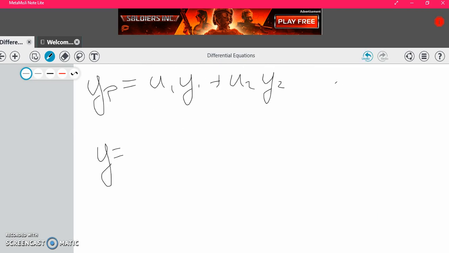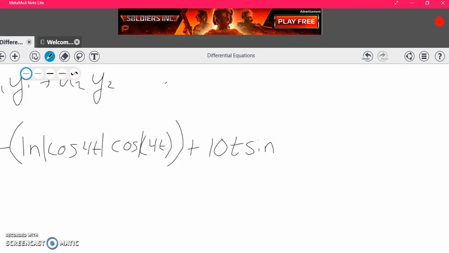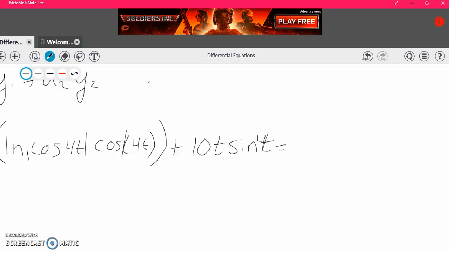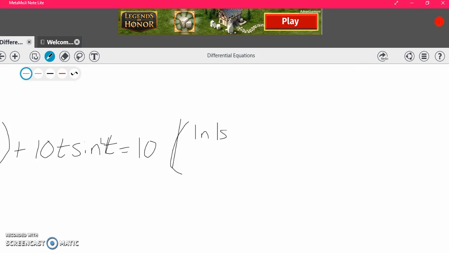So yp, after all is said and done, is equal to 10 over 4 ln cosine 4t times cosine 4t plus 10t sine 4t, which you can kind of simplify to be 10 ln cosine 4t all over 4 plus t sine 4t.